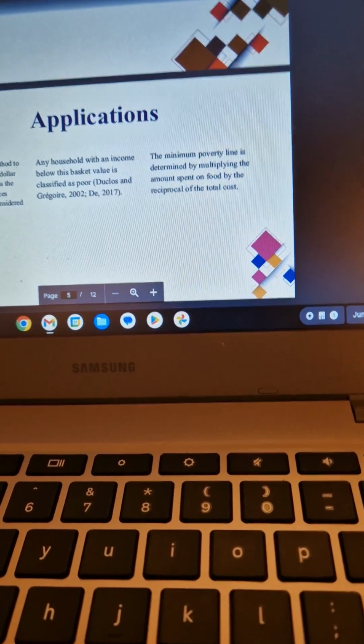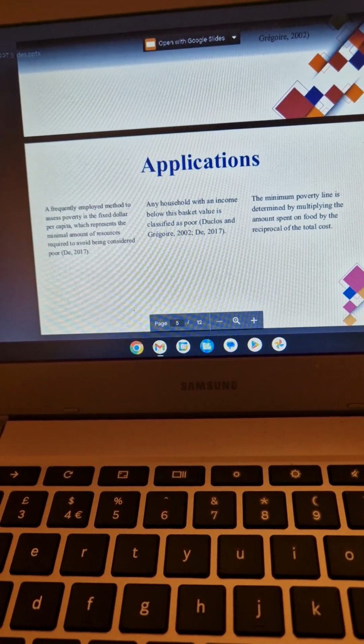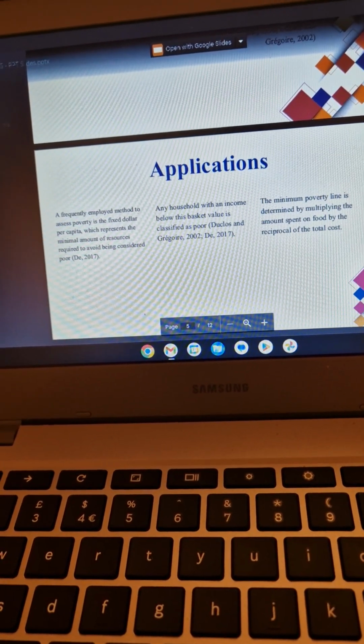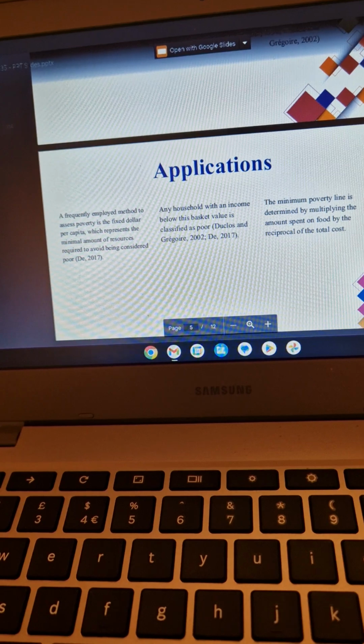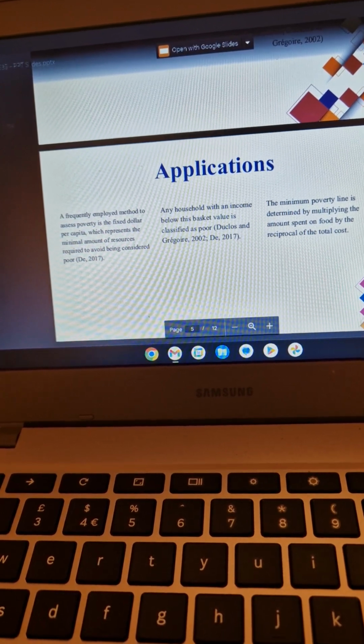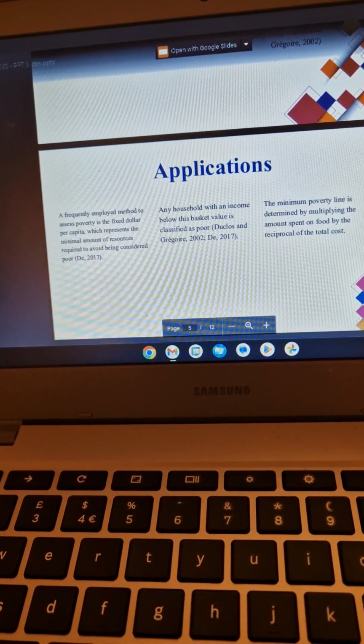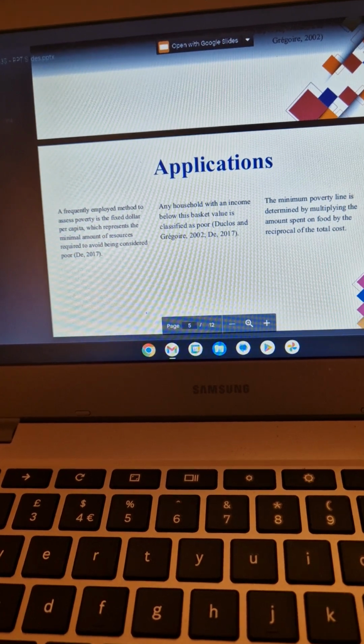Applications. The most frequently employed method to assess poverty is a fixed dollar amount per annum, which represents the minimum amount of resources required to avoid being considered poor.